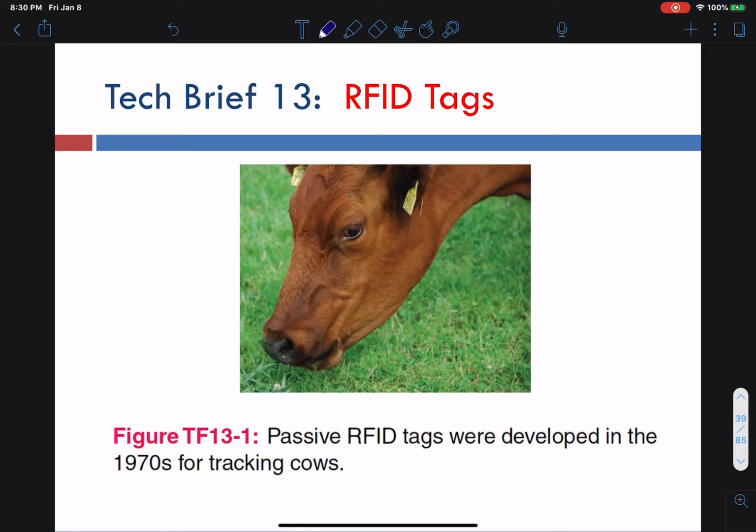So one of the applications, as I said in the beginning, of this wave propagation is RFID, radio frequency identification tags. You can see the tag sometimes when you go to a farm, at the ears of cows. Also, you use the tag in your toll booth and many other places. How does it work?